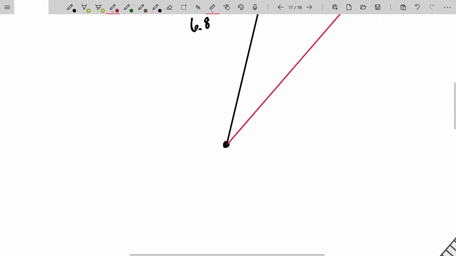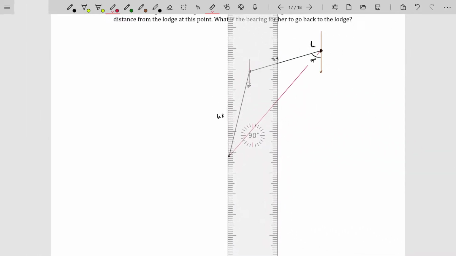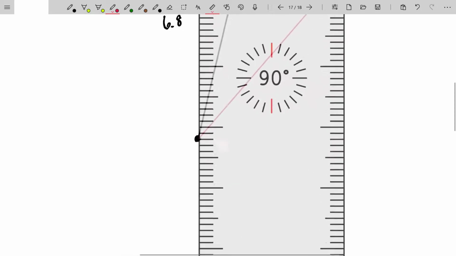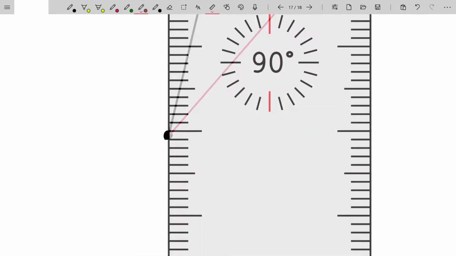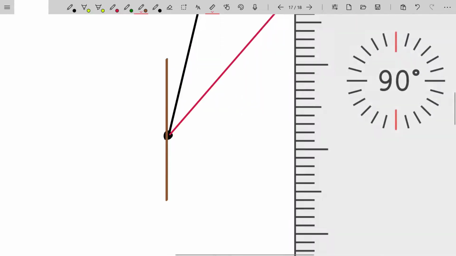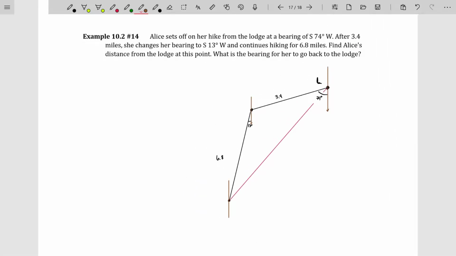From this point, at every stopping point you want to put in a vertical line. I'm going to put in a vertical line right here in brown. You don't have to use brown, I'm just using it because I can. Now I don't need my ruler, so I'll turn it off. We want to know her distance, and finally her bearing to get back to the lodge.